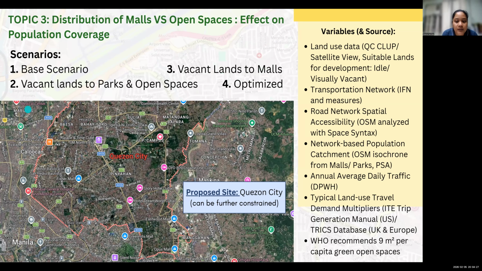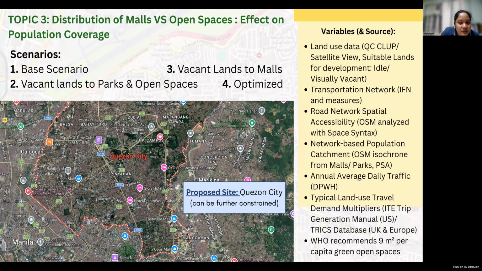And then for the optimized scenario, we aim to meet the WHO or World Health Organization's recommendation of 9 meters squared per capita of green open space, and how the green open space will be distributed within walking distance of residential areas.